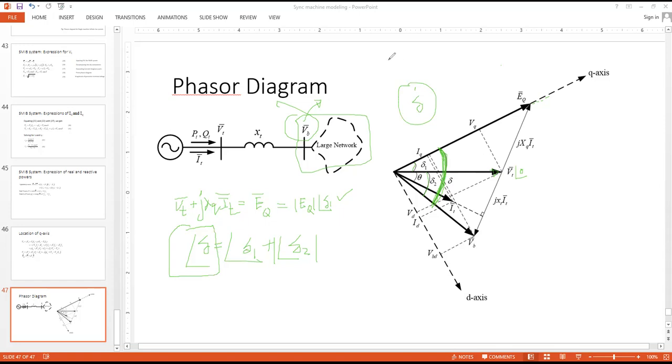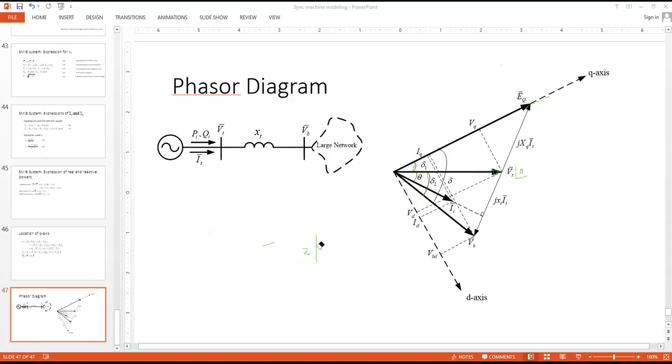So once you are done with delta, then the life is pretty simple. In the next steps, you have all the phasors drawn. Now you can easily calculate the VD, ID, VQ, IQ, VBD, IB, VBQ, all these things. So how to do that? Let's see. Let's say VQ. What should be VQ?